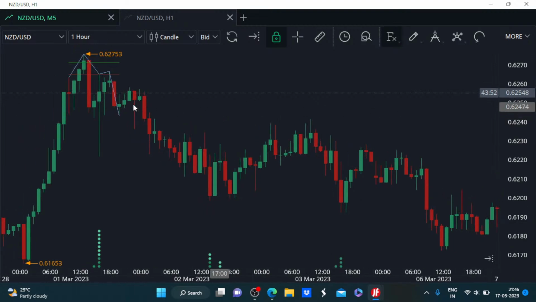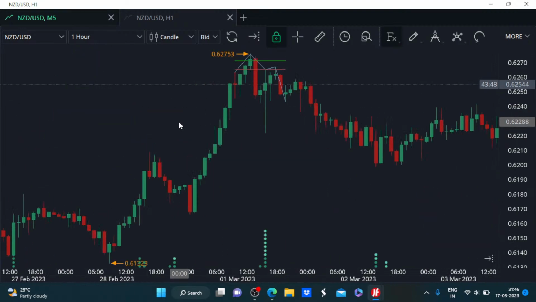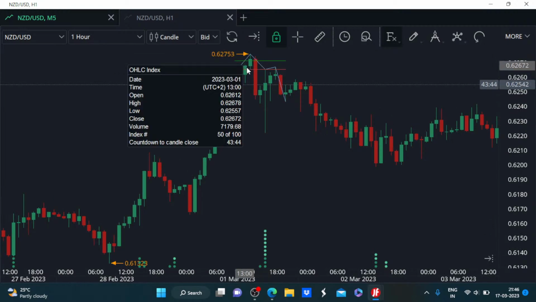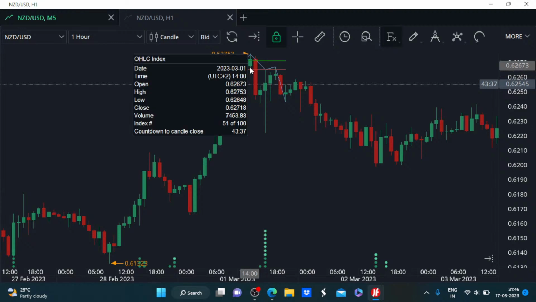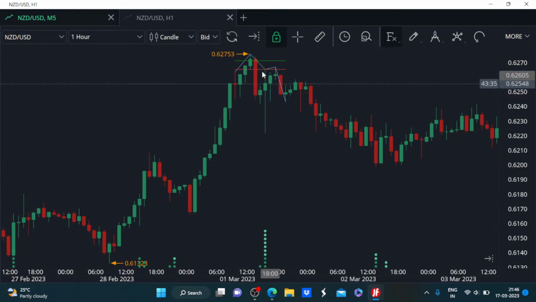So there was this one instance in which we saw this double top forming. Around these levels of 0.6275, there was a reversal with these two highs forming around the same levels, and then the price dipped, and we saw this break on the lower side.